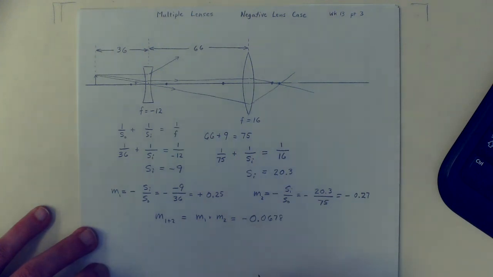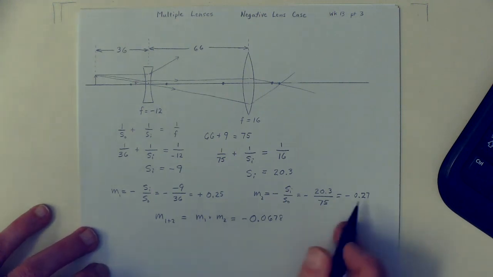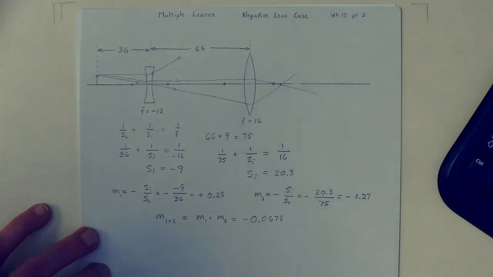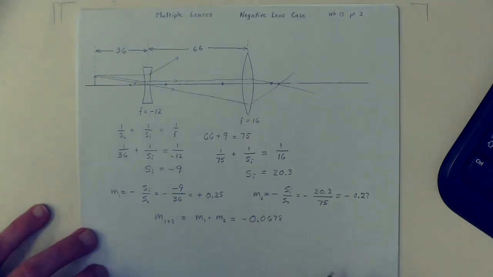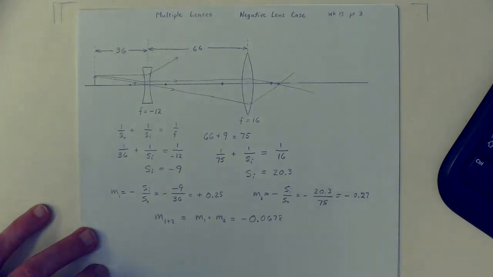So we have a very small image finally. It's what, 1/4 times a little bit more than 1/4, so it's about a 16th roughly. But it's negative, notice, so the final image is in fact upside down.